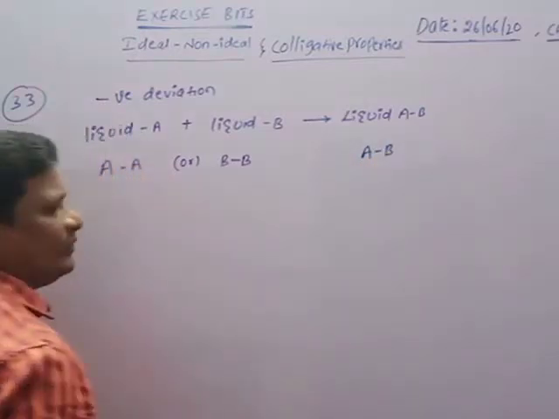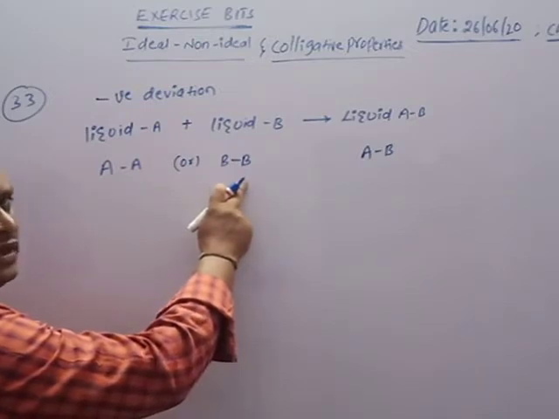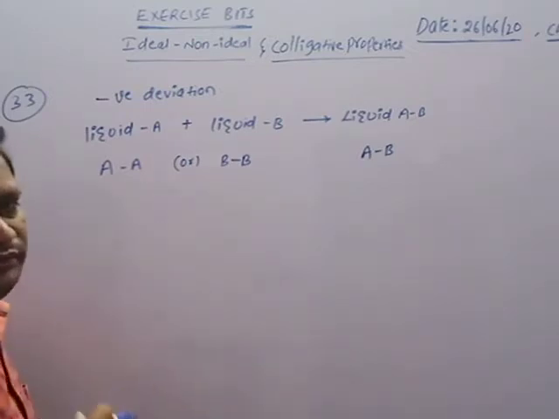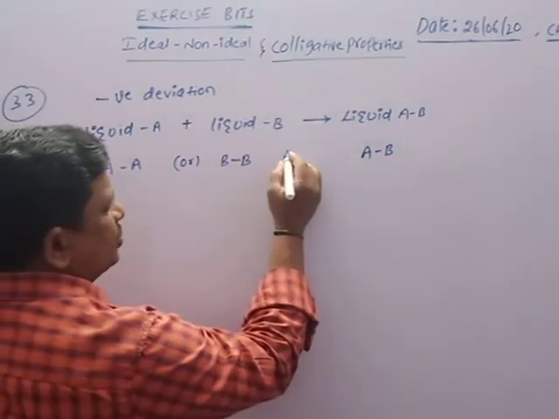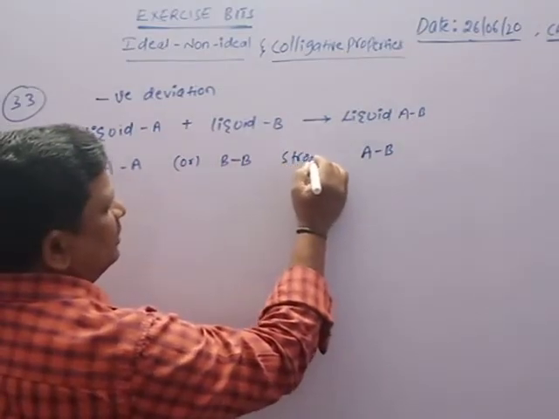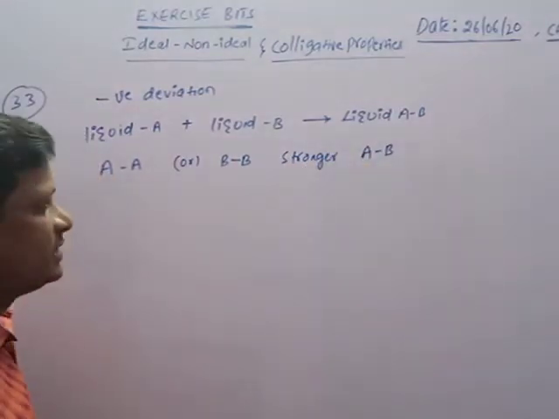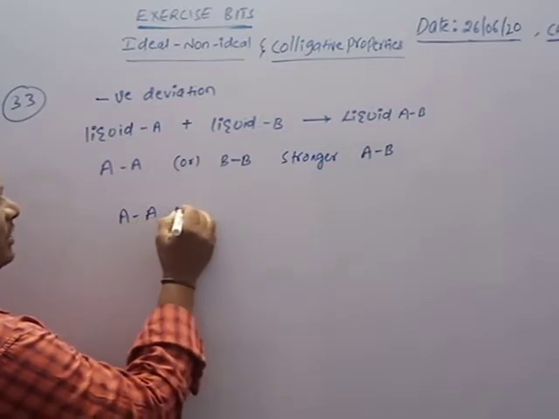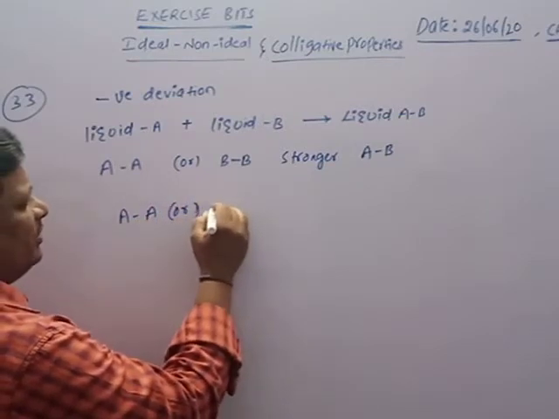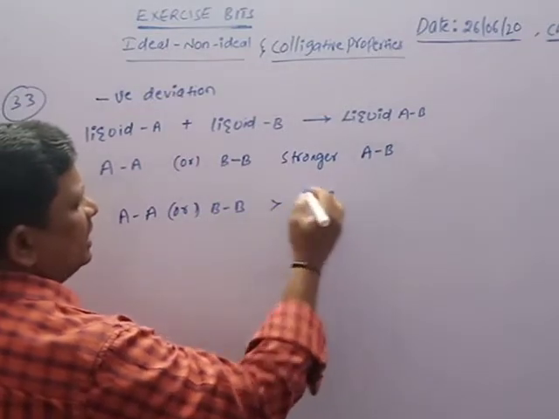Now if AA interactions or BB interactions are stronger than AB interactions, simply AA or BB interactions are greater than AB interactions.